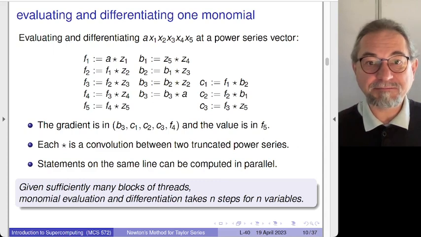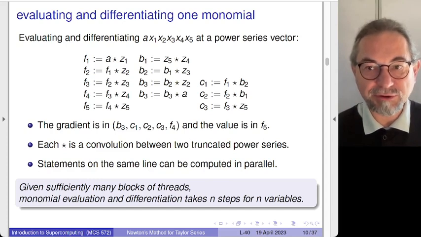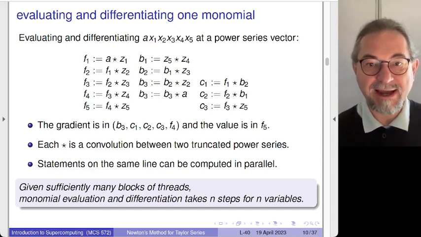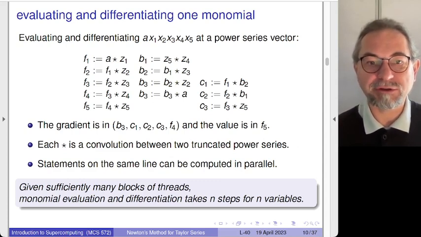Okay, now how is this used? We are evaluating and differentiating one monomial. We are doing many monomials, but then at the second layer we are evaluating. This can also be done very efficiently by using algorithmic differentiation. If you look at this monomial, we have 5 multiplications, and these 5 multiplications are accumulated in what is called the forward product.